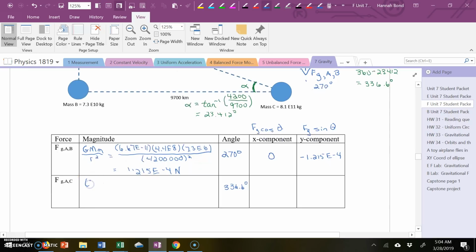It'd be the universal gravitational constant times the mass of A times the mass of C divided by that distance that we just found, squared.